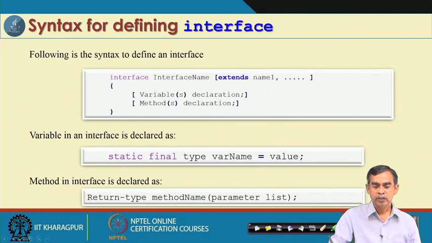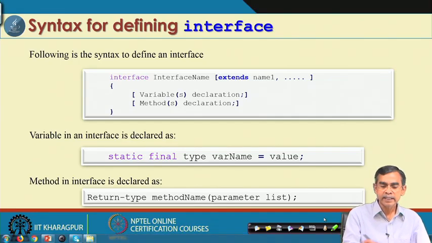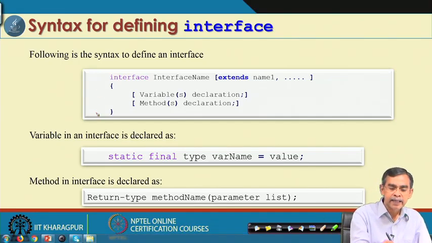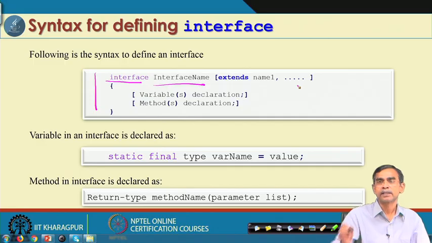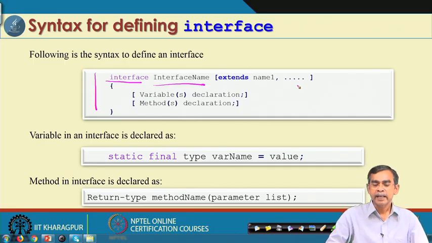Okay. Now, here is a quick syntactical structure of how an interface should be declared in a program. This is the syntax that you can see. The interface should be declared with the interface keyword and the name of the interface, and these parts are optional. An interface can extend any other interface.